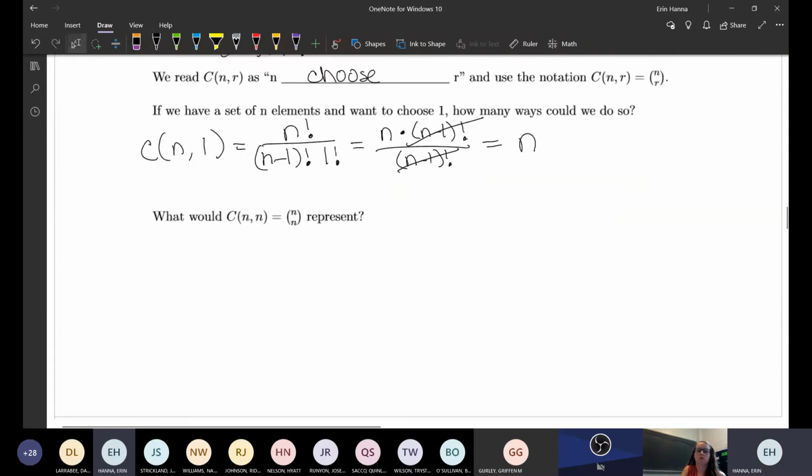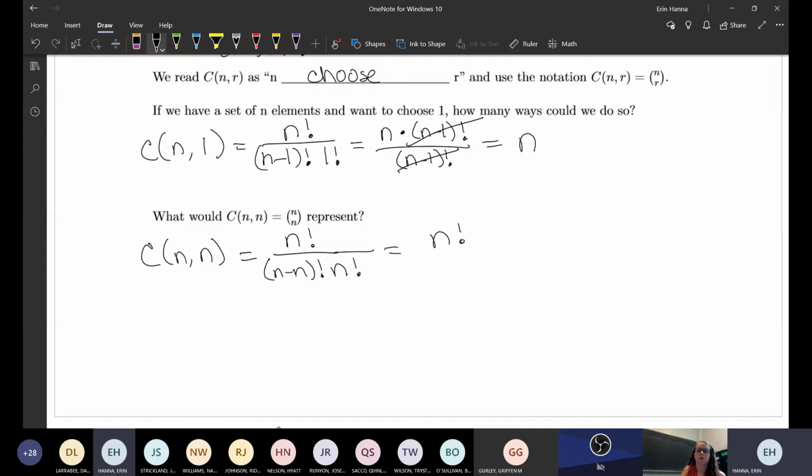What if we wanted to figure out what n choose n is? Using that formula we have n factorial over n minus n all factorial times n factorial.